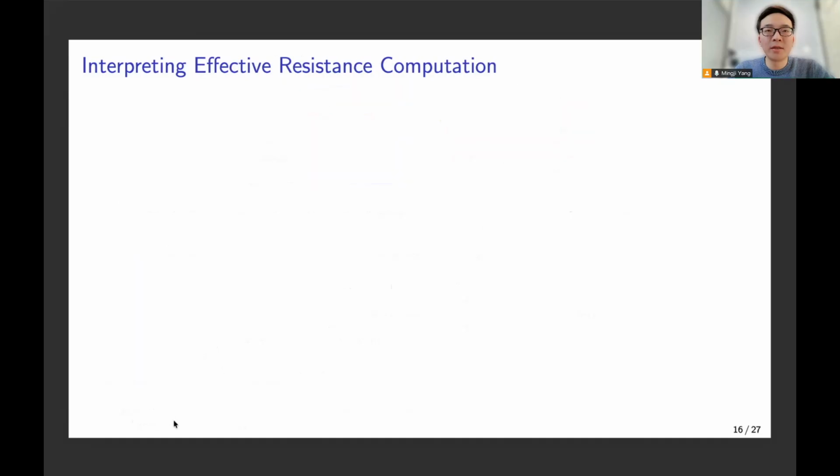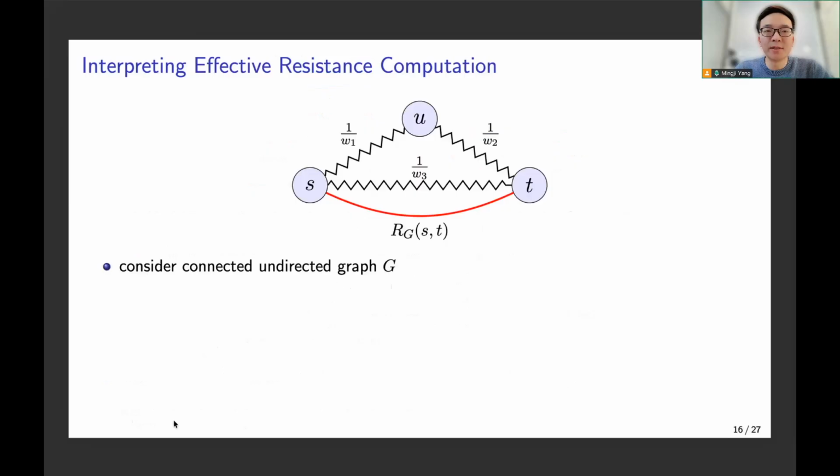On the other hand, in the context of effective resistance, we only consider connected undirected graphs. And we view the graph as an electrical network where each edge has a resistance 1 over its weight. So the effective resistance between two nodes S and T is defined as the amount of equivalent resistance between them if we suppress the rest of the graph into a single resistor.